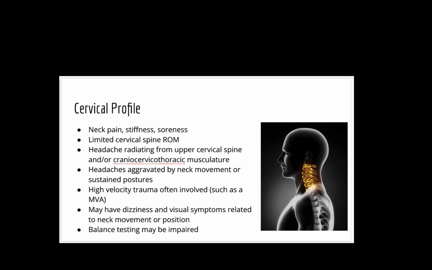Again, we've talked about before the need to make sure you're clearing the cervical spine before you do any higher-level special tests. So make sure you rule out upper cervical instability or things along those lines, VBI, all that needs to be done.